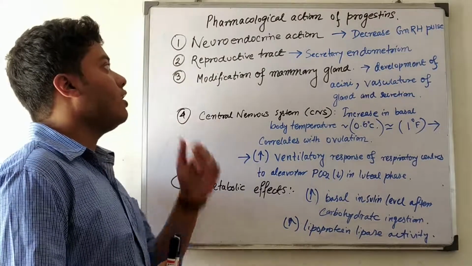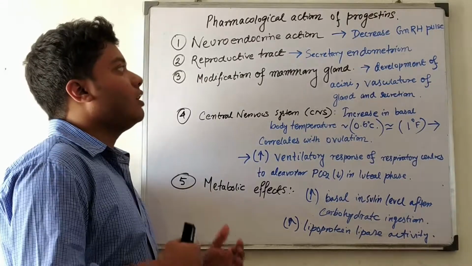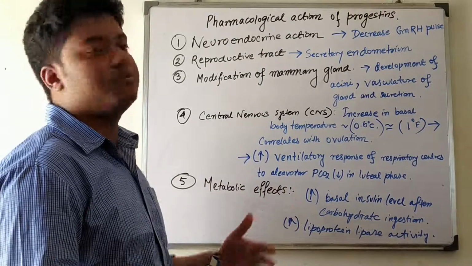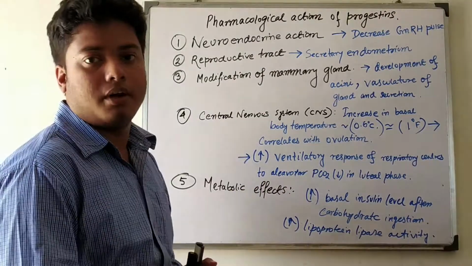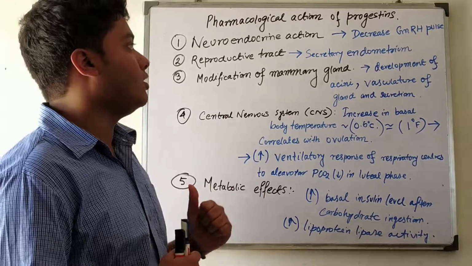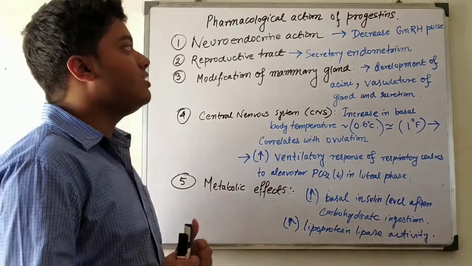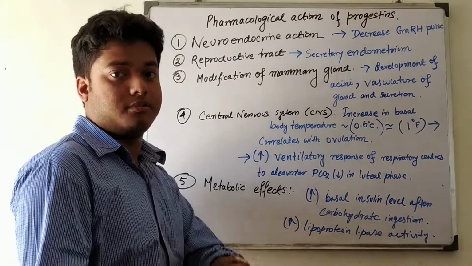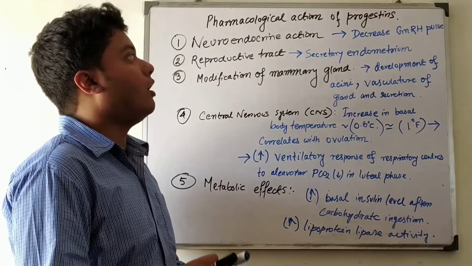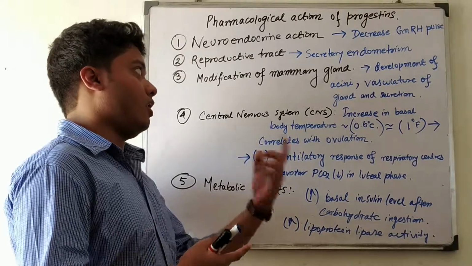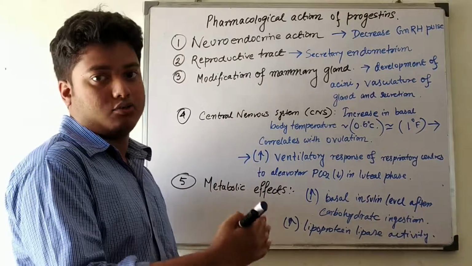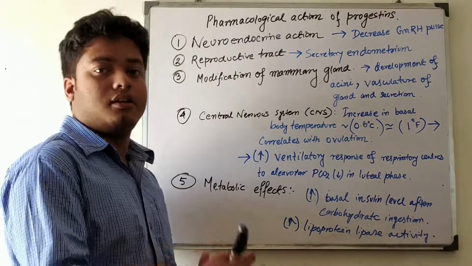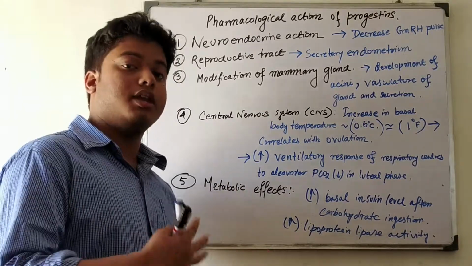There is a neuroendocrine action. The major role of progesterone is that it decreases the GnRH pulse that is secreted from the hypothalamus. This is very important because the decrease in the GnRH pulse helps to revert back from the secretory endometrial state that it produces to the natural menstruation state, that is, to maintain the proper menstruation cycle or to begin a new cycle.